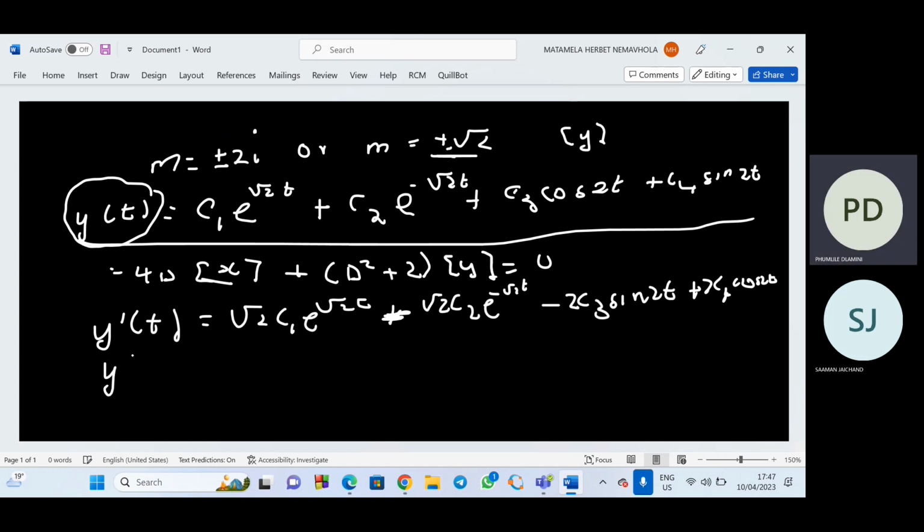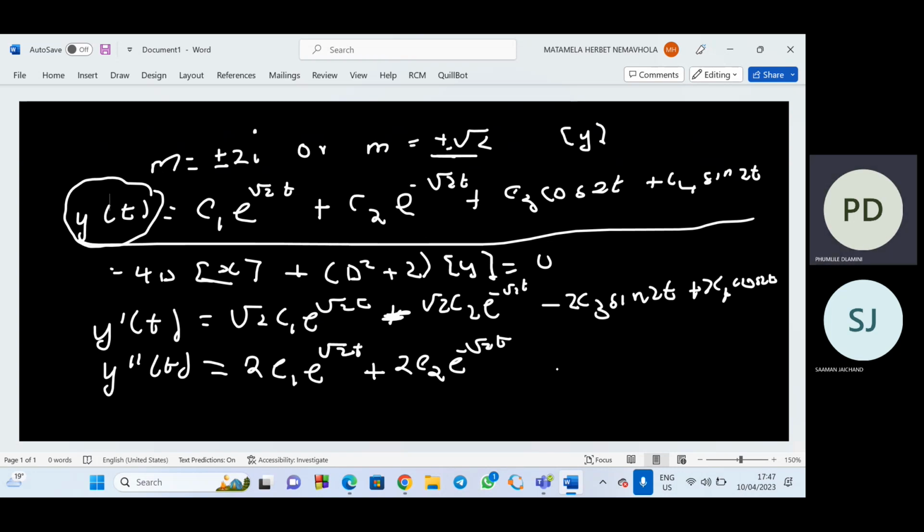Then we're going to find the second derivative, y double prime of t. If we differentiate, the square root of 2 is going to come down. Square root of 2 times square root of 2 is going to give you 2c1 e to the power square root of 2t, minus, when we differentiate this one, minus square root of 2 times minus square root of 2 is going to give us plus 2c2 e to the power negative square root of 2t.